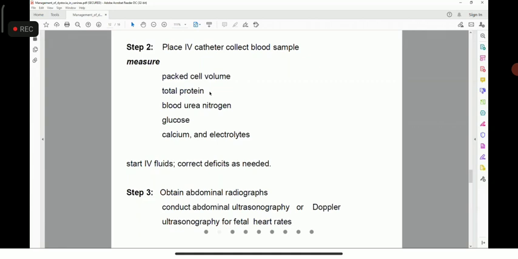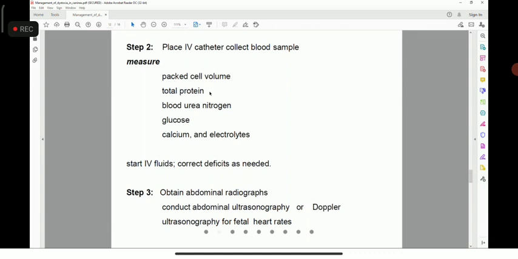Then blood urea nitrogen. Why is it important? Suppose blood urea nitrogen is very high, it is abnormal. So now you can make a presumptive conclusion that kidney function is compromised.